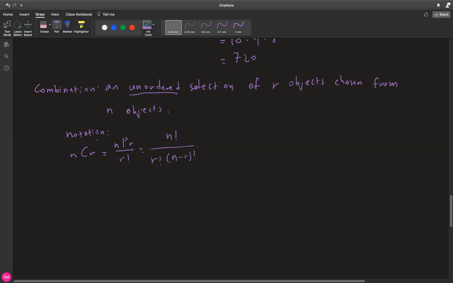Similarly, it can be found in the calculator in the same place as the permutation.